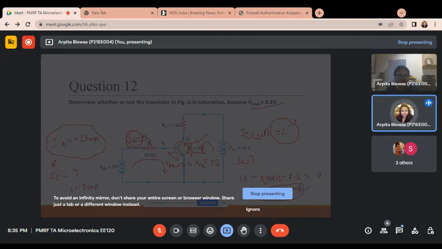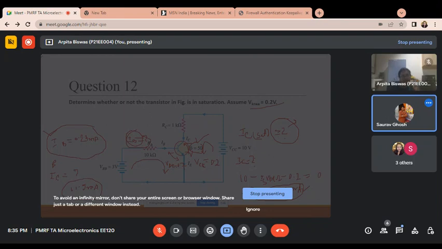The beta can generate a collector current of 11.5, which is greater than the IC saturation. So we can tell that this circuit is in saturation mode, because the input current can get a higher or equal amount of the IC saturation current. So it can reach up to the saturation level, and the transistor is in saturation. Ma'am, can you repeat once more?